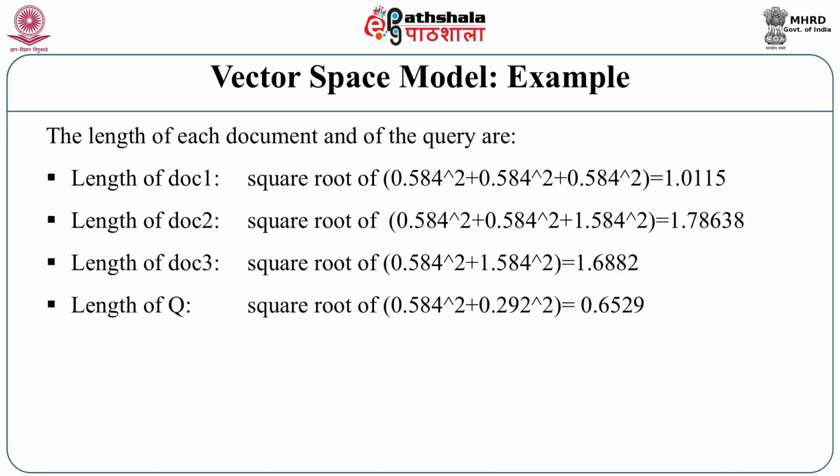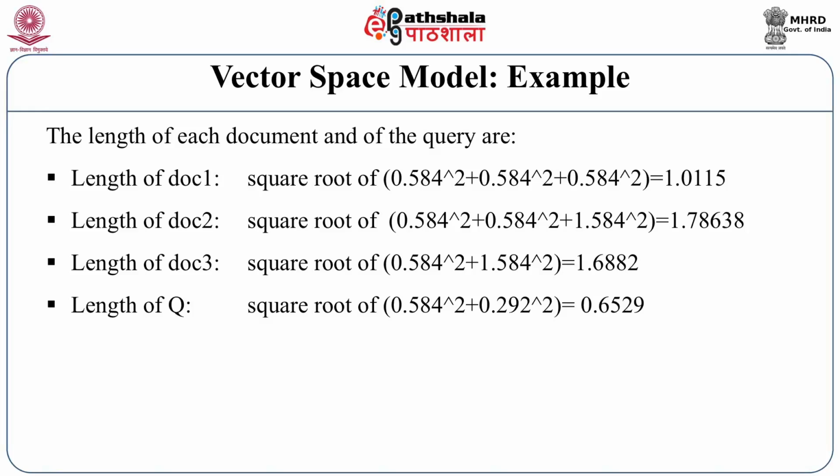Now I will calculate the length of each document. Now keep in mind that this length or the distance factor is only Euclidean distance. So the length of document D1 is the square root of each cell value squared, that is 0.584 to the power 2, 0.584 to the power 2, and 0.584 to the power 2.